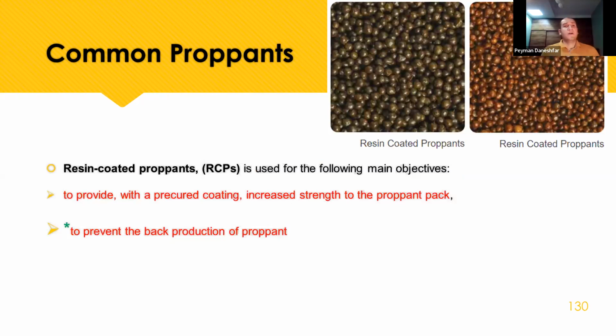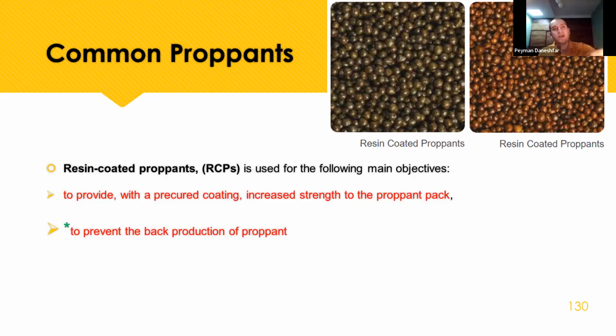Another one is the resin-coated proppant, or RCP, used for the following main objective: to provide a pure coating that increases the strength of the proppant. Okay, because we don't want to inject the proppant with the fluid into a fracture and have it crushed under compressive stress.